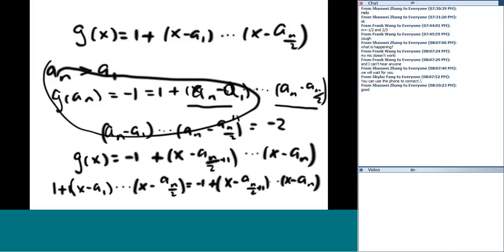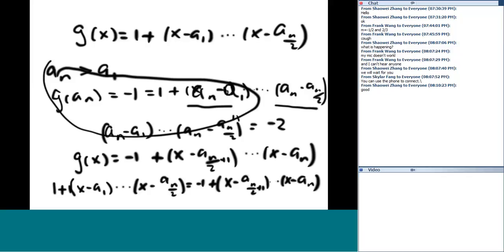Actually, anything here, if a_1 is the biggest, then the factor will be minus 1, 2, then x times that, because they are different. So positive can be only 1, 2. That one can be only the biggest, so only 1, 2.